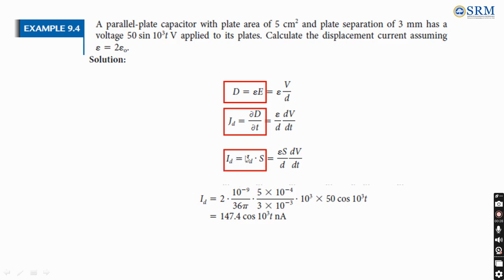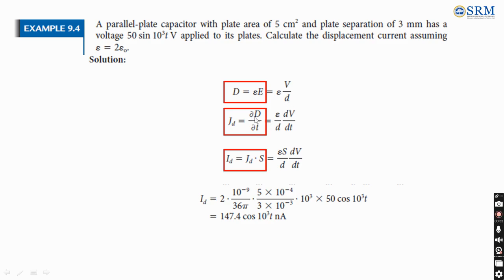Displacement current is equal to the displacement current density times the surface area. The JD term is not given directly here, so we need to find it. We already know JD equals dou D by dou T. What is D? D is equal to epsilon E, and E is equal to the applied voltage divided by the distance, V by d.